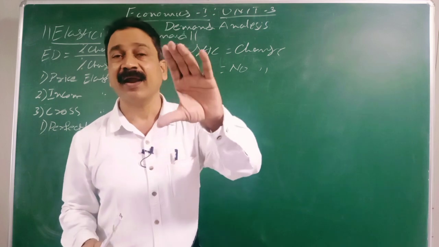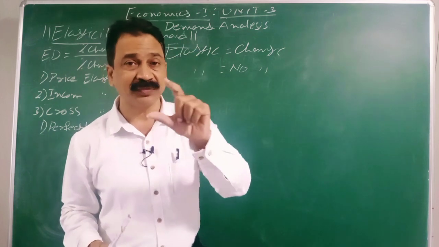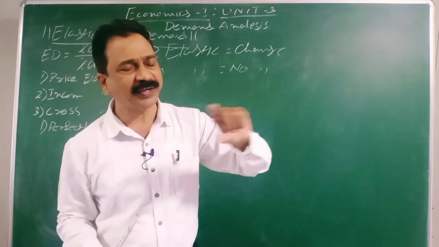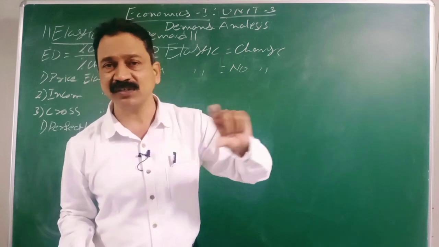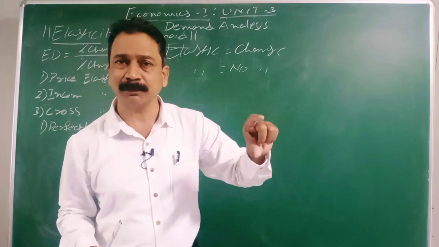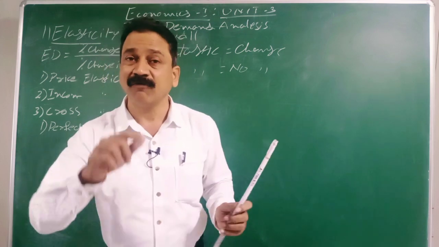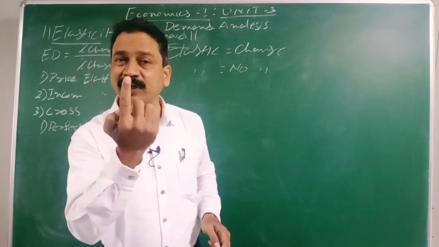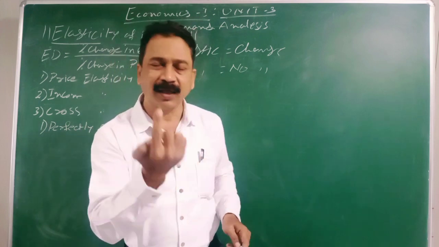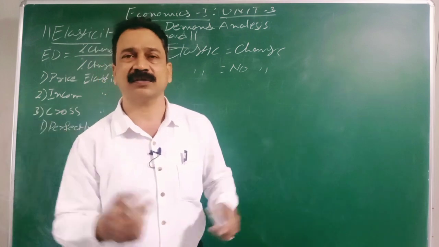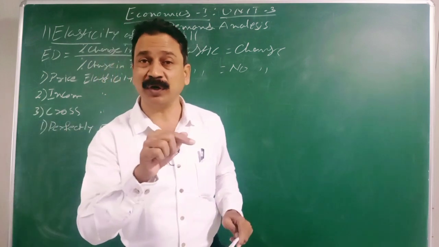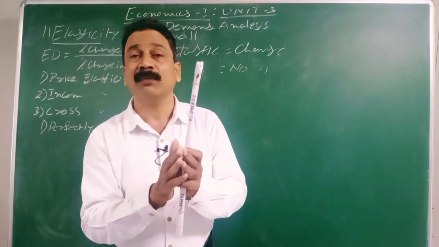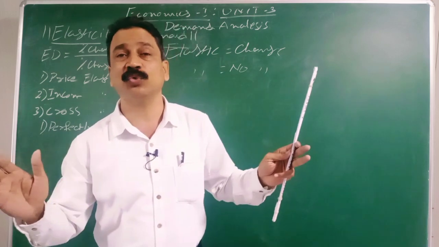Now, sometimes some commodities without change in the price go on increasing their demand. Particularly, at a particular period of time, I told you, this elasticity of demand is not always the same with all commodities, all times, all periods, all seasons, with all persons. For example, whether price increases or decreases, demand for a pen, particularly in exam season, increases. Particularly in June every year, not this corona year, every year in June, demand for pens increases. Why?